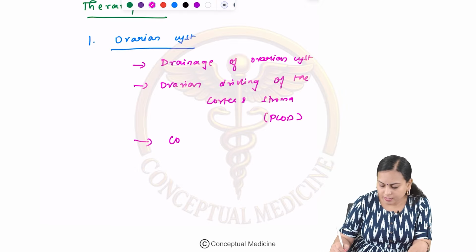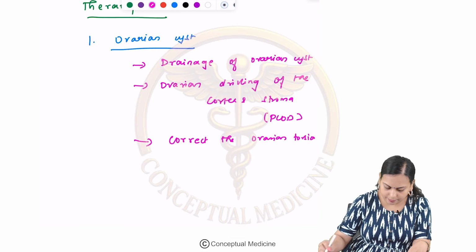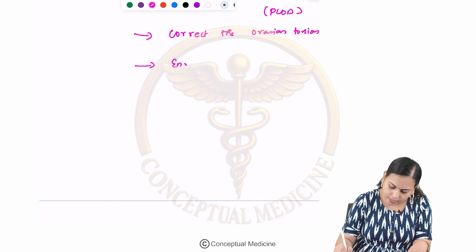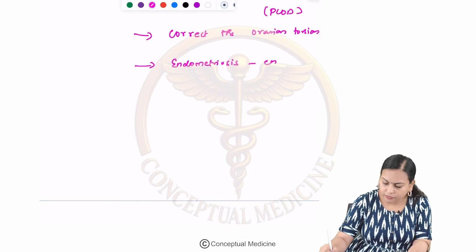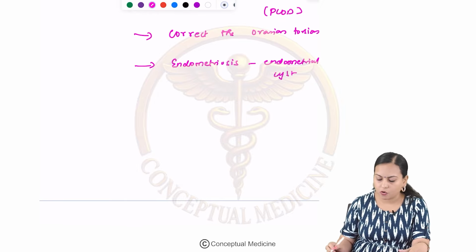You can sometimes correct the ovarian torsion that has happened, and as a treatment of endometriosis by removal of the endometrial cyst and a cauterization of the endometrium also.